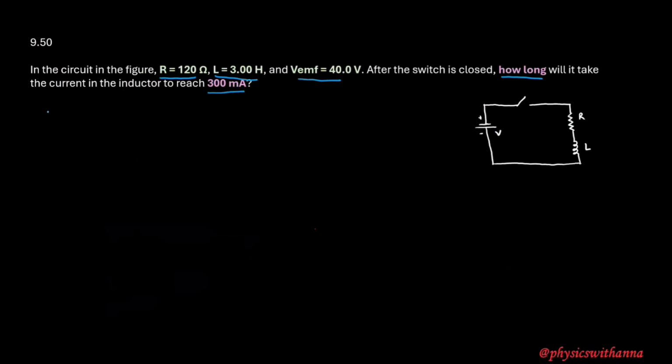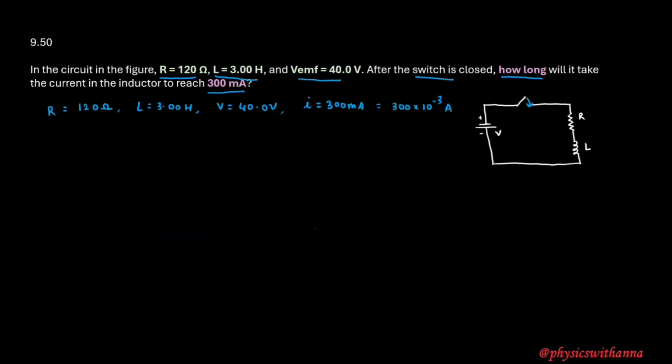So here in this figure, we have R equal to 120 ohm, L is 3 Henry, V EMF is 40 volt, and we need to find how much time it takes for the current to reach I equals 300 milliampere, which is 300 times 10 to the power negative 3 ampere, when the switch is closed.